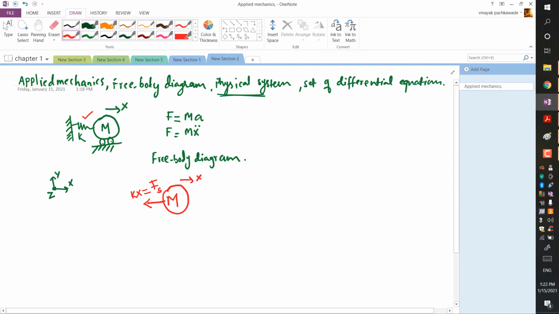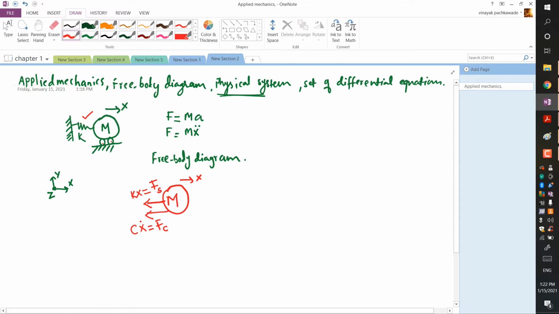That frictional force we can model as damping, since it is again going to stop the motion of this body. It is the product of the damping coefficient and the velocity, that is x dot, and we can write it as fc.